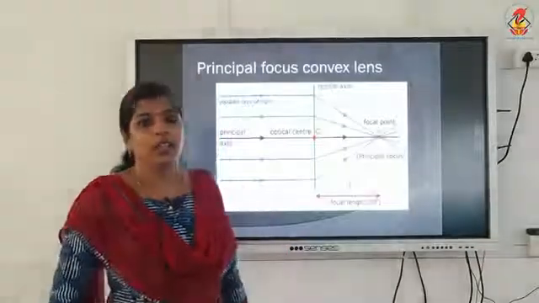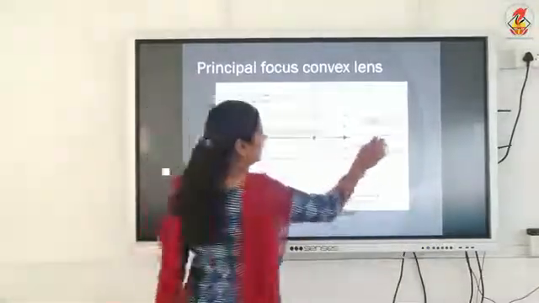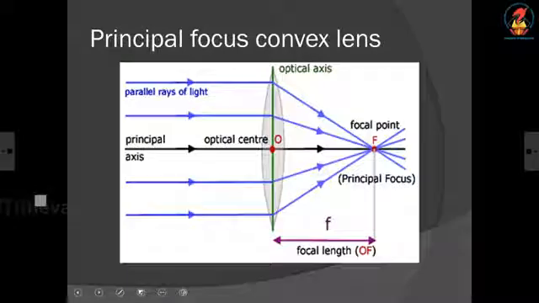Normally it is represented by the letter capital F. The distance between the optic center and the principal focus is known as a focal length. It is represented by the small letter f.